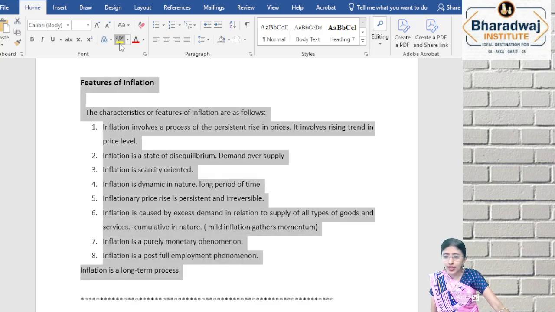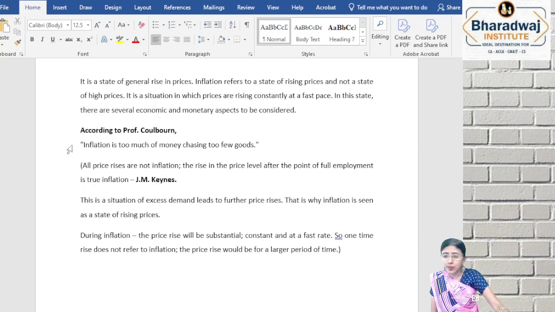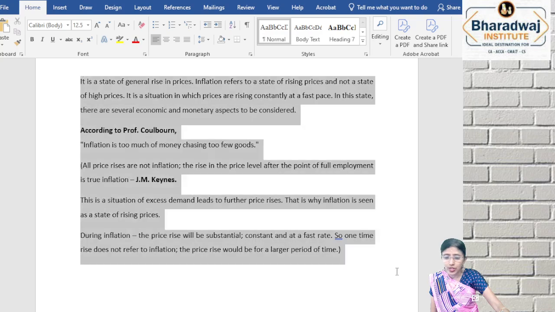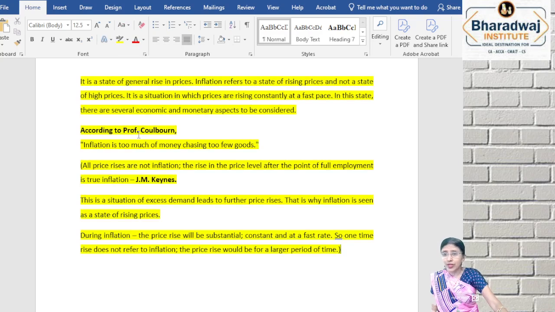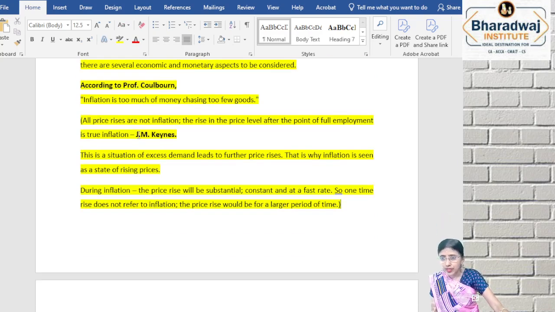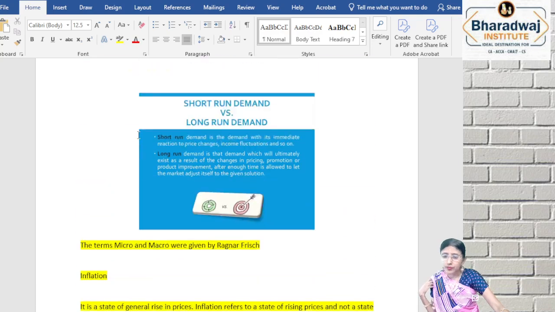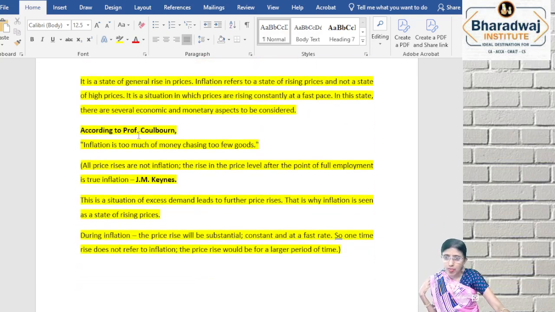But do you see the features given there? You see the beginning of the chapter. This is the definition and the features would be there, in inflation. Just check it. In my Gmail, I saw it was there.